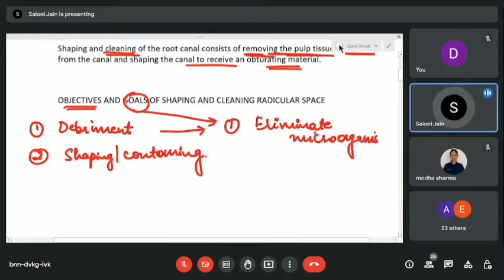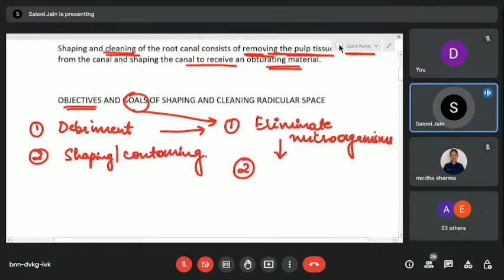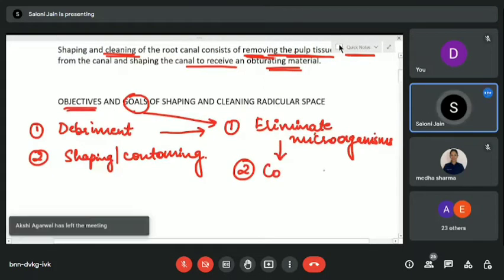That's why we are doing cleaning and shaping. Secondly, how do you eliminate these microorganisms? That is possible when you completely remove the pulp tissue.